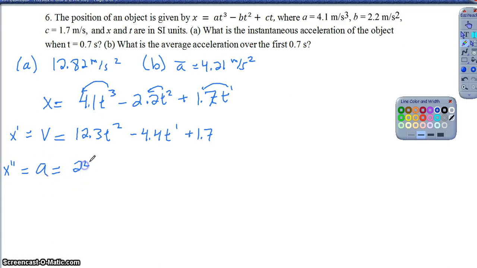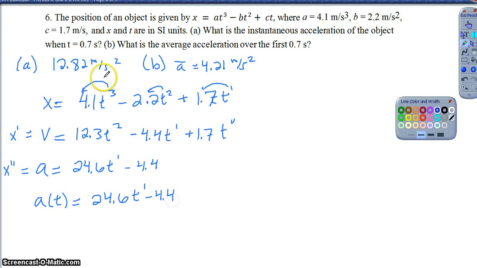So again, using the power rule, 24.6 t to the first minus 4.4, the t is gone, and then the 1.7, because we can think of this as t to the 0th power, and then bringing that 0 out front, the 1.7 is gone as well. So now that I have my acceleration function in terms of t, if they want me to find the instantaneous acceleration at any given time, I simply take that time and plug it in.